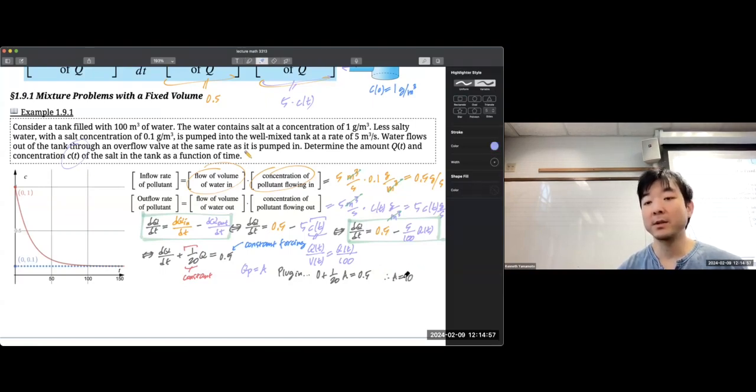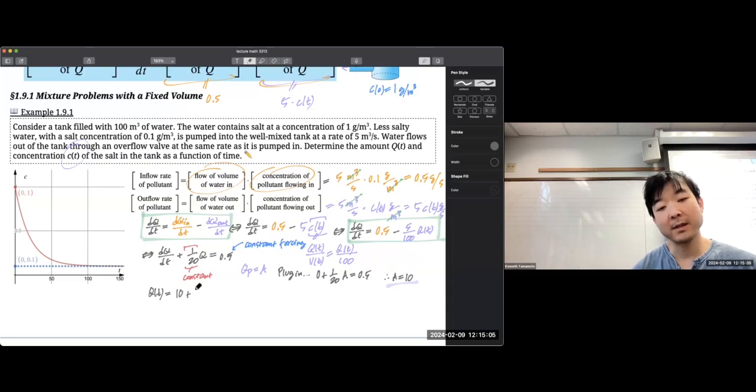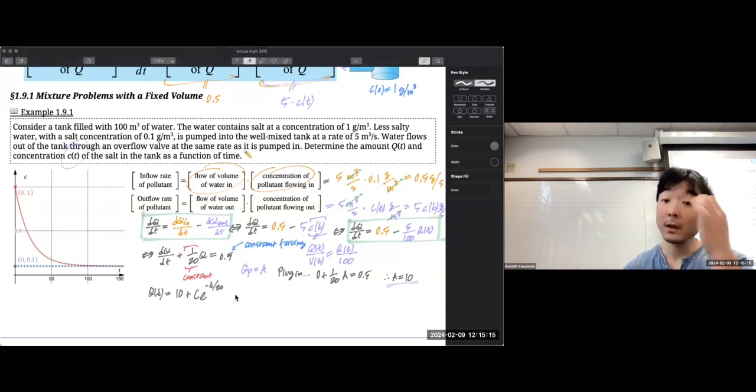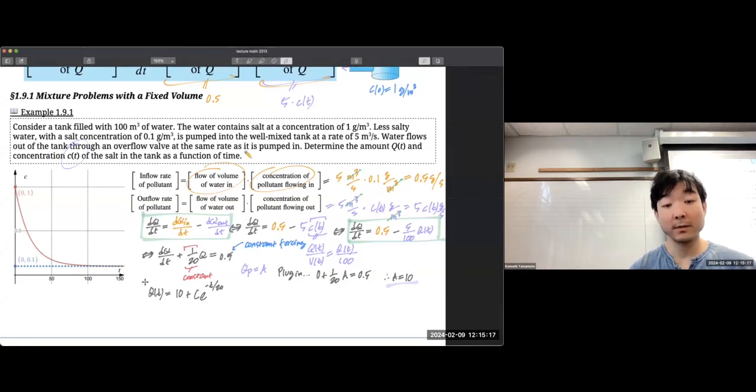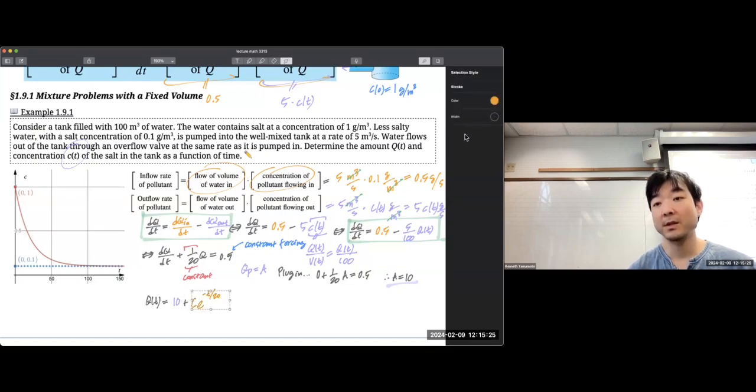We found the particular solution. The homogeneous solution you just read off. So your general solution would be Q of T is equal to 10, plus the homogeneous solution, which is C times e to the negative T over 20. Using this color, purple is the particular solution, and this is your homogeneous solution.